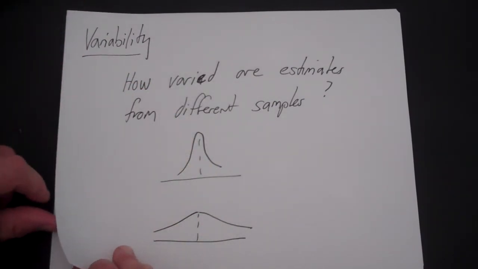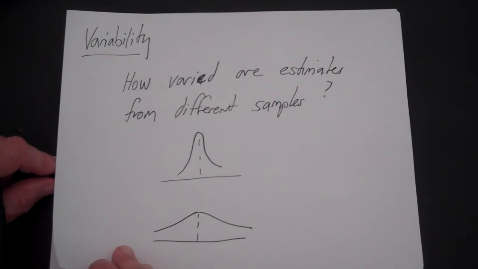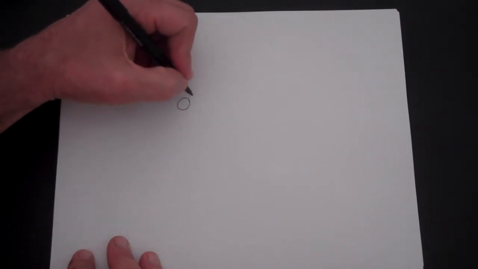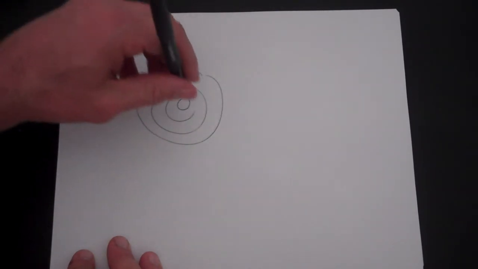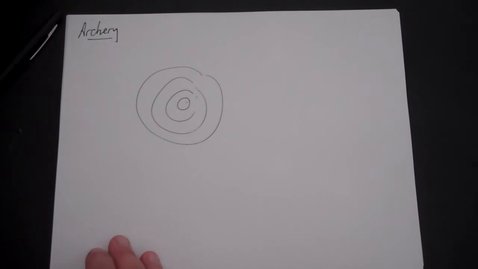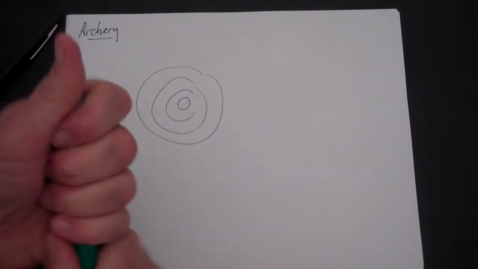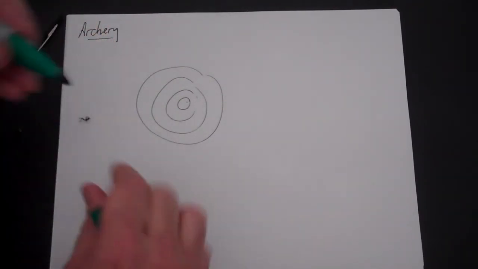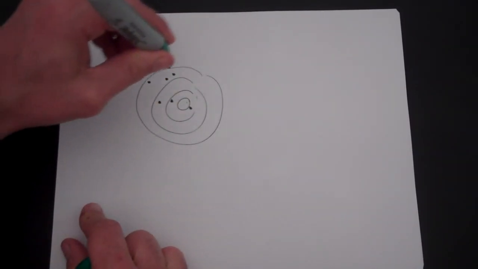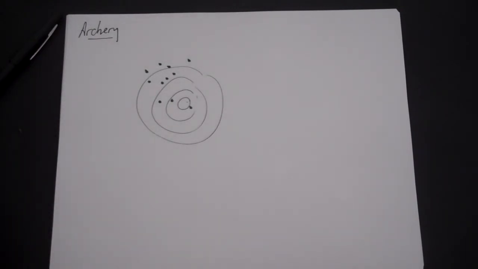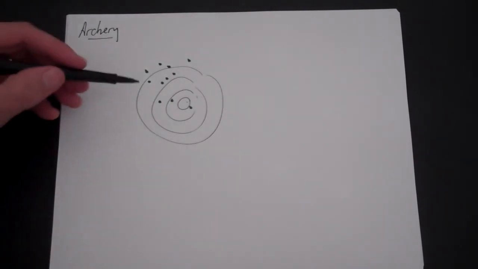And actually there's a fairly common drawing that talks about bias and variability, and they use the idea of archery. Or you can also think about the idea of darts. Think of a dart board or an archery board, and you're trying to hit the center. Let's say when you shoot this archery, there are your hits.